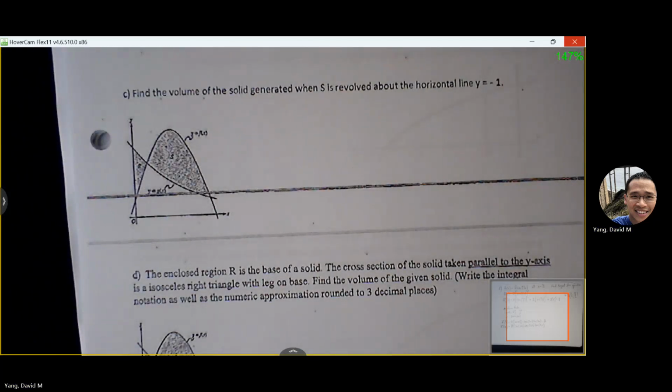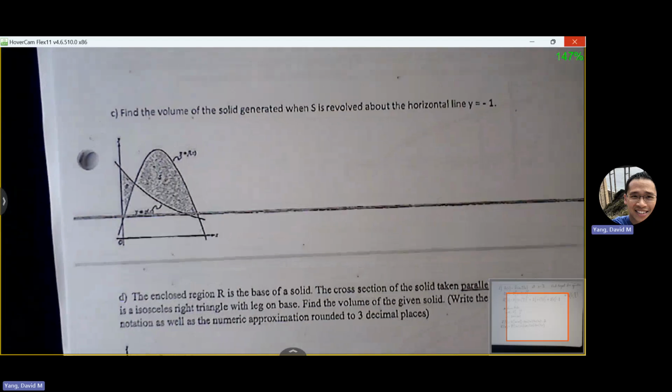All right, page 3. On page 3, you're going to find the area of region S for part A, and then for part B, you'll find the area of region R. I think for both you can rely on just top minus bottom.